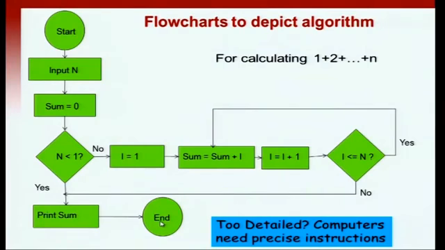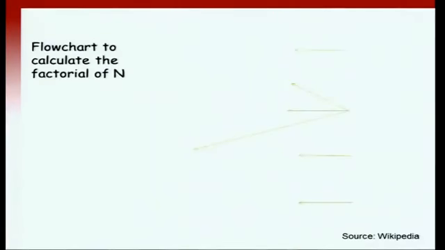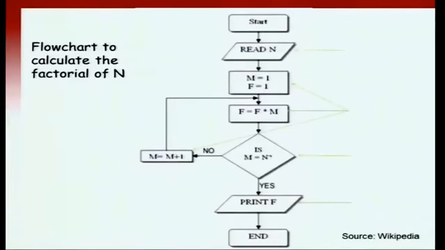Okay, so this is a very simple flow chart. Initially, if n is less than 1, you have nothing to do. If n is greater than 1, you start a counter from i equal to 1 to n and add the numbers one by one until you hit the nth number. If you wanted to compute a slightly different problem, let's say the factorial of n, which is just the product of the first n numbers, the flow chart will look fairly similar.